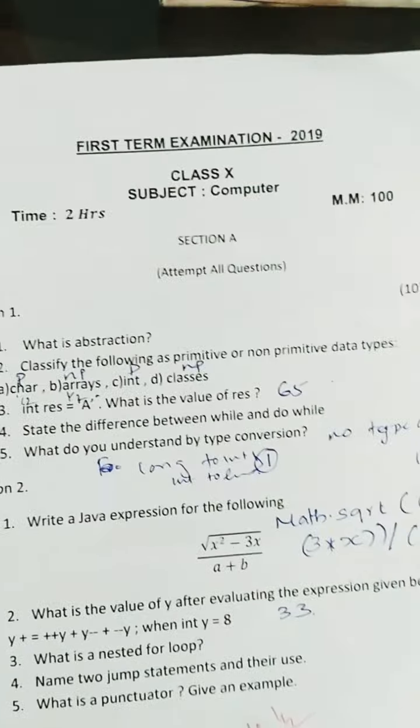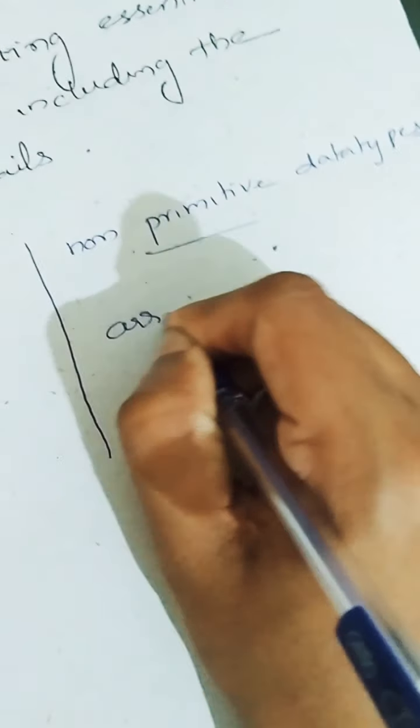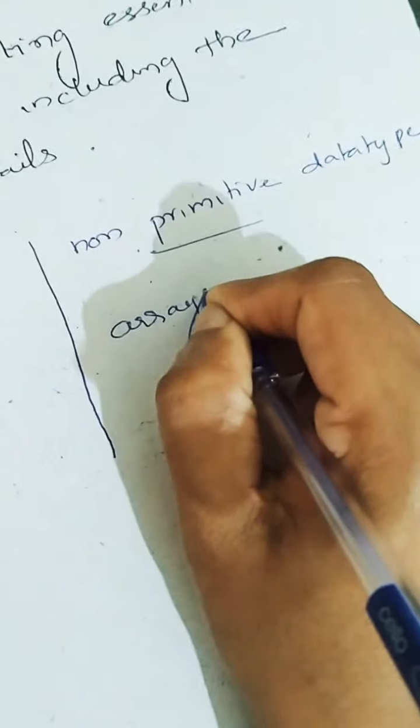Char belongs to primitive. Arrays belong to reference type, that is non-primitive. Int is again a fundamental, basic primitive data type. And the last one is class. Class is a reference type, so it will come under non-primitive data type. This way you have to solve.